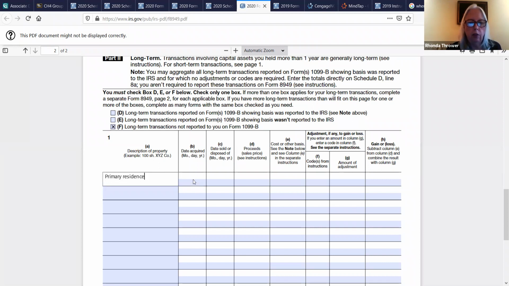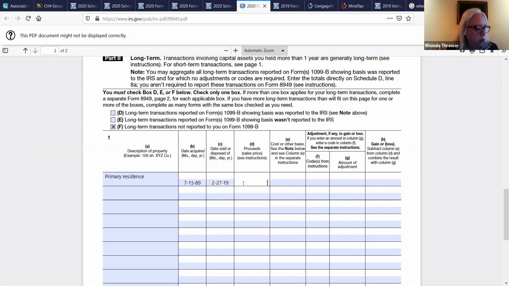And they acquired this on 7/15 of 89, and it was sold on 2/27 of 19.